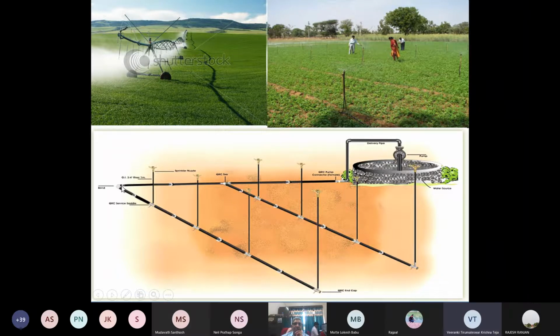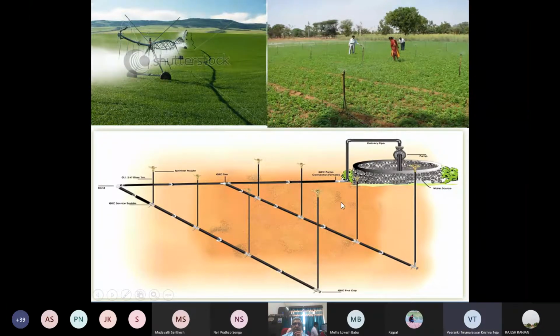This is one pipeline of this length, and then a coupler is used when we are joining. It is not that the entire pipeline is available in such a long length. No, these are available in 3 meter, 6 meter, 9 meter lengths. Depending on the requirement one can choose, and then they are connected. So one pipeline and another pipeline can be connected by using a coupler, and on this coupler a riser pipeline is mounted, and then a sprinkler head is attached.